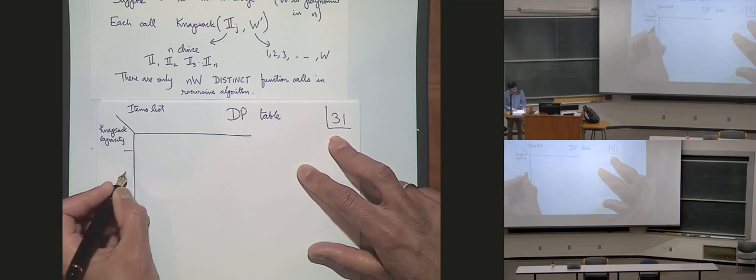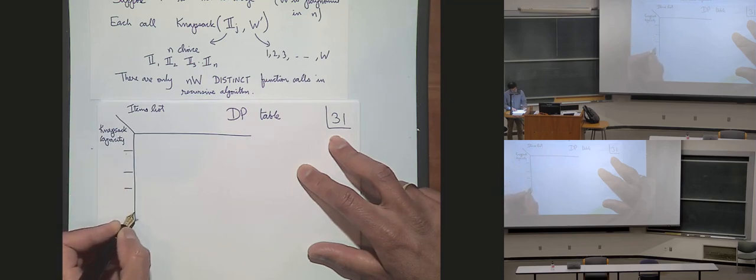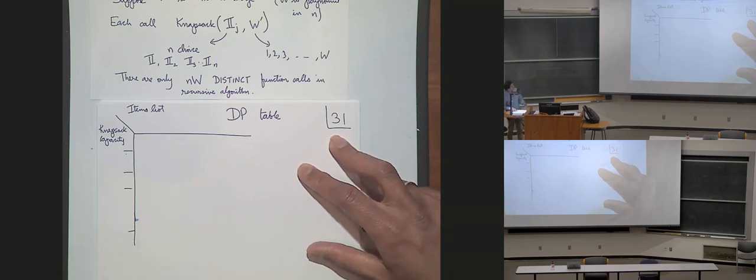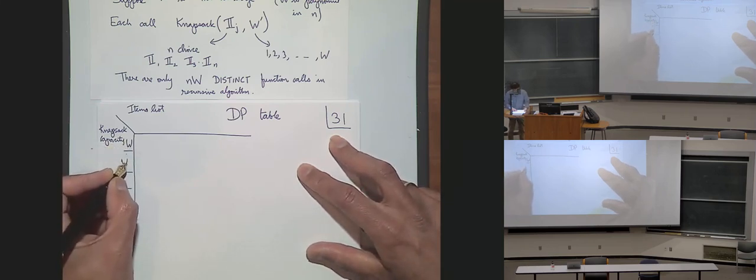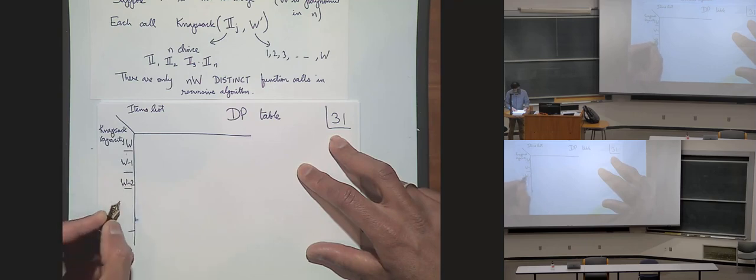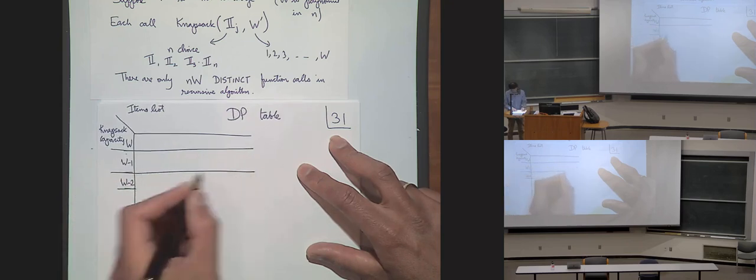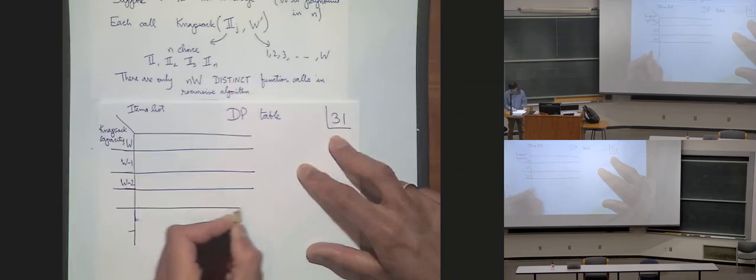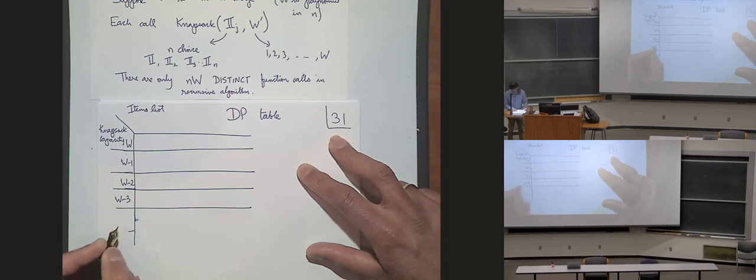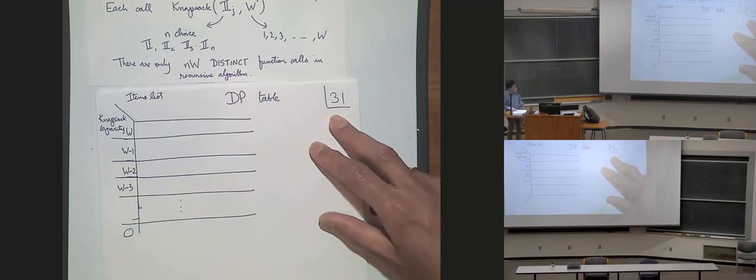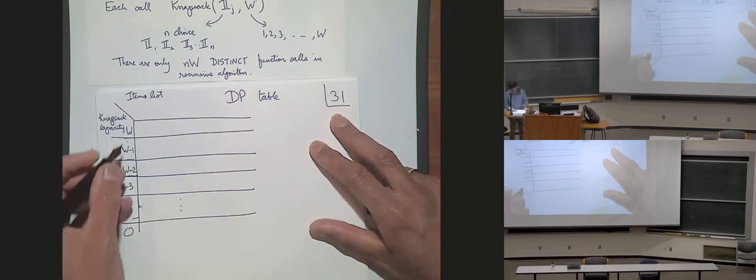I'm going to write down all possible arguments in this table. So it's W, W minus 1, W minus 2, W minus 3, going all the way to the base case of 0. That's the knapsack capacity.